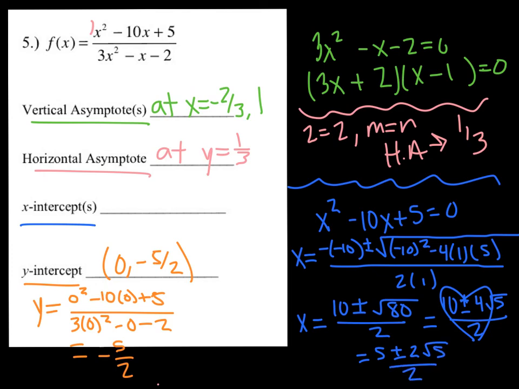So in this case, you would actually have 2 x-intercepts, 5 plus 2 square root 5 over 2, and actually not over 2, over 1. So just 5 plus or minus 2 square root 5. And 5 minus 2 square root 5.